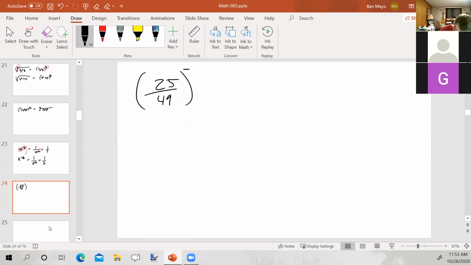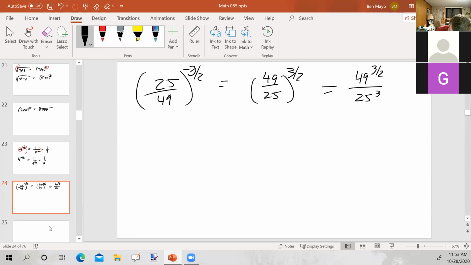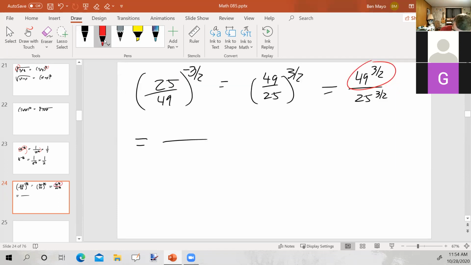(25/49) to the negative 3/2 power would be 49/25 to the positive 3/2 power: take the reciprocal of the base and change the sign of the exponent, which would be 49 to the 3/2 over 25 to the 3/2. Quotient raised to a power, attach the power to the numerator and the denominator. Now I'm going to break it apart and do the root and then the exponent.